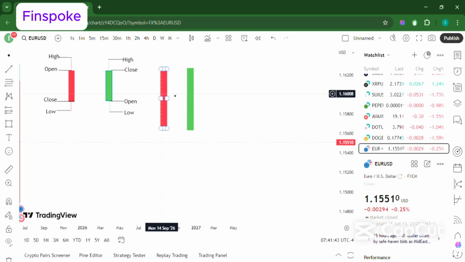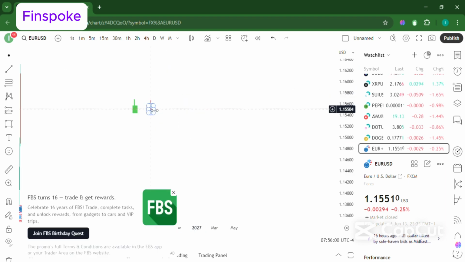Understanding the language of this market is very crucial. For instance, there are certain candlesticks that I will see, and I will know that the market wants to change direction. If I see these candlesticks, I will know that it wants to change direction.